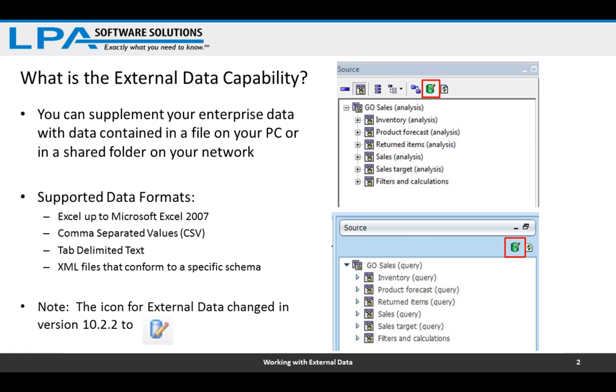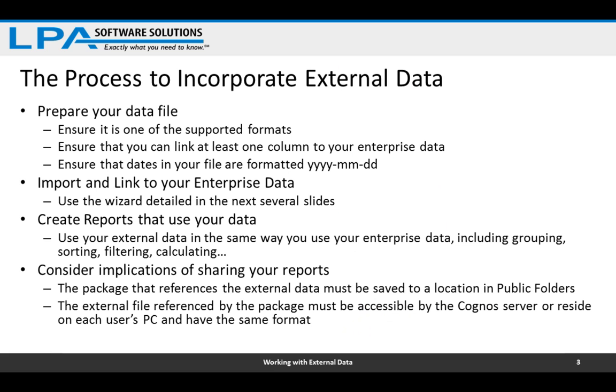And the demo I'll be doing today is on 10.2.2, so you'll see that I will be using a different icon than the green one. But if you're on 10.2.1, it's the green one. 10.2.2, it's the gray one. But that invokes a wizard that will allow you to identify your Excel or CSV file and also identify how you relate that data to data in a package.